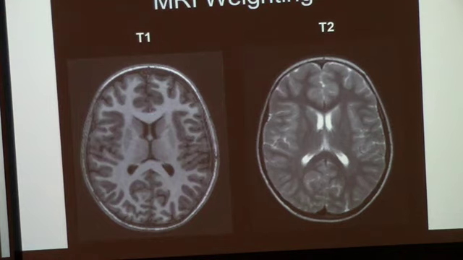For example, in the T1 image, you will see that the gray matter is dark and the white matter is brighter. But in the T2 image, it's the opposite, which means that the gray matter is lighter and the white matter is dark. So this is just how the structural MRI works.